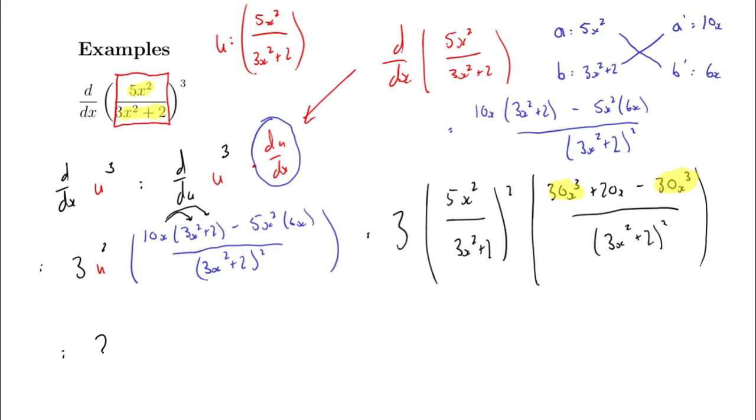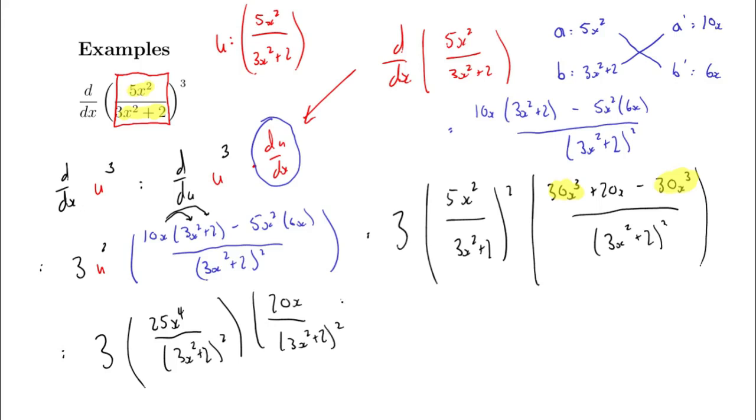So that's going to give me 3 times 25x to the 4. That's 5 squared times x squared squared over 3x squared plus 2 squared times 20x over 3x squared plus 2 squared.